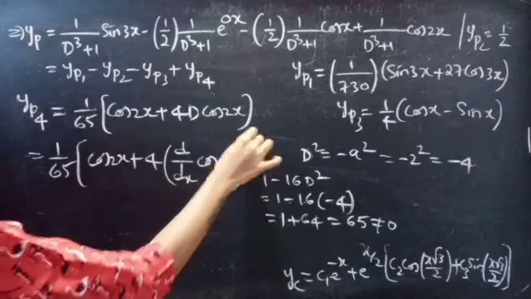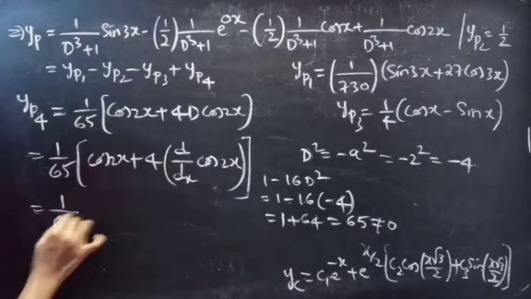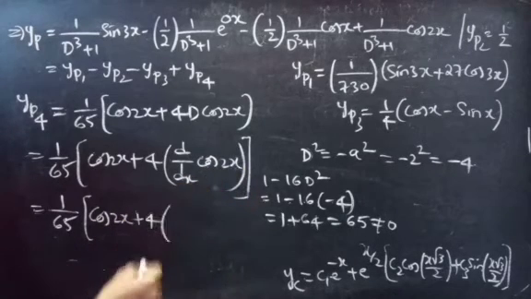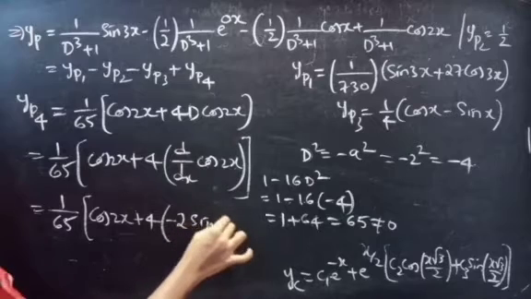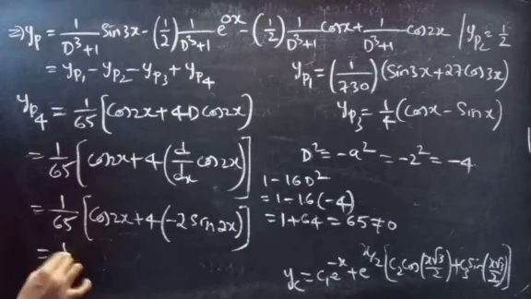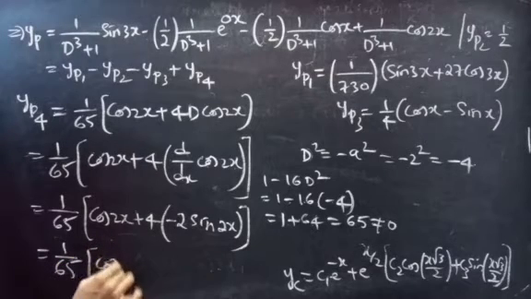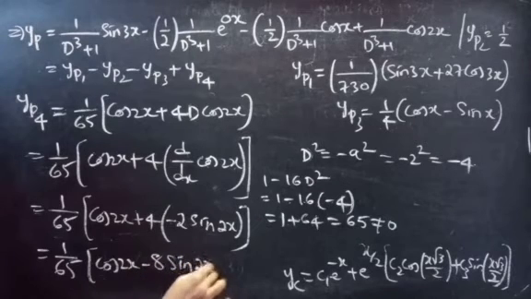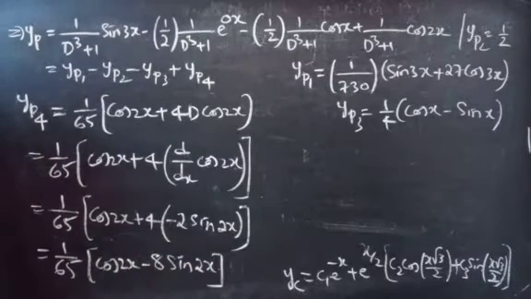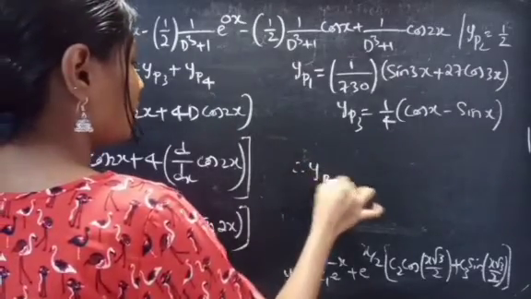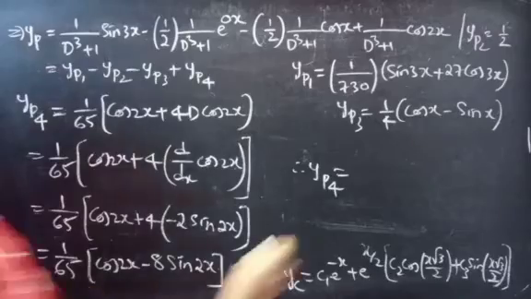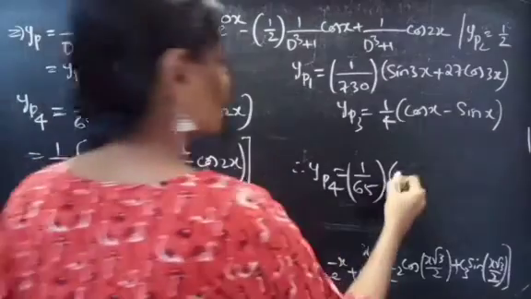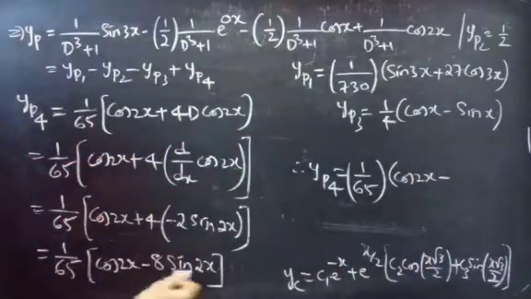Now we need to find the derivative of cos 2x with respect to x. We'll get 1 by 65 into cos 2x plus 4 into the derivative of cos 2x with respect to x, which is minus 2 sin 2x. This becomes 1 by 65 into cos 2x plus minus 2 fours are 8 sin 2x. Therefore, yp4 equals 1 by 65 into cos 2x minus 8 sin 2x.